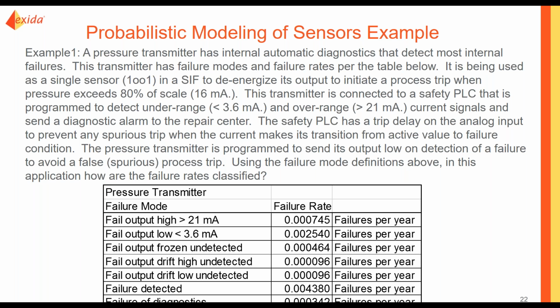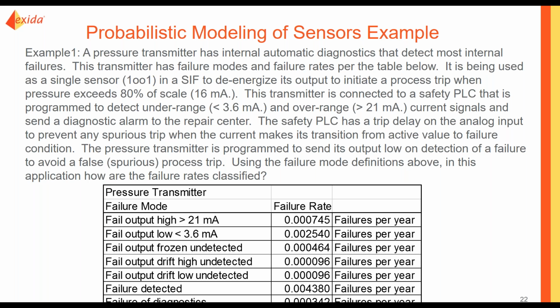This transmitter has failure modes and failure rates per the table we just reviewed. It is being used as a single sensor, so a 1 out of 1 application, no redundancy, in a SIF to de-energize its output to initiate a process trip when pressures exceed 80% of scale, 16 milliamps.